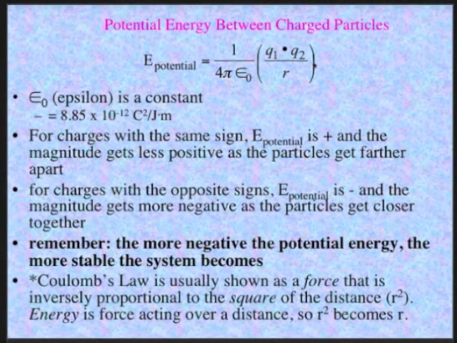Now, for you physics folks out there, you might have seen Coulomb's law shown as a force that is inversely proportional to the square of the distance, r squared, but energy is force acting over a distance, so r, not r squared, is correct if you're talking about potential energy and not force.